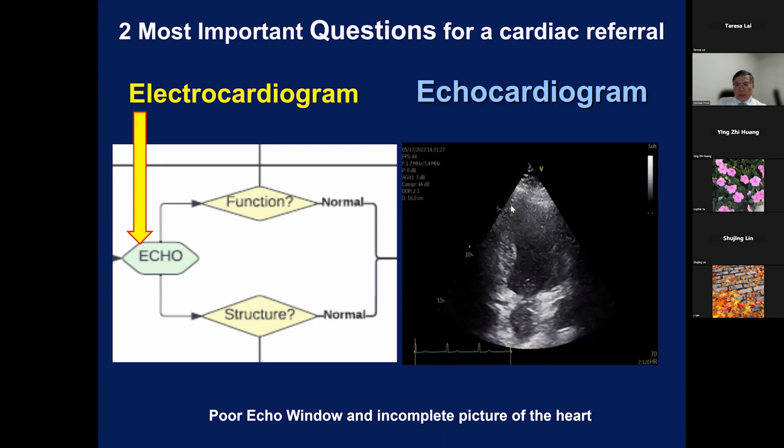Like this echo that I show you here, you can't really see the apex too well, but we still have to give an LV function based on the study. And sometimes it cannot show the complete picture of the heart, and we sort of have to wing it, so to speak.